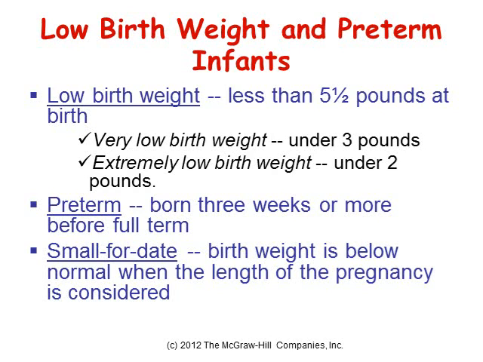If they survive, it's great. Preterm babies are born 3 weeks or more before full term, and small for date babies are babies that have a birth weight that's below normal when the length of the pregnancy is considered.